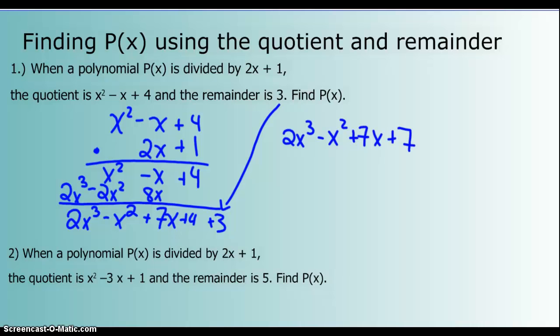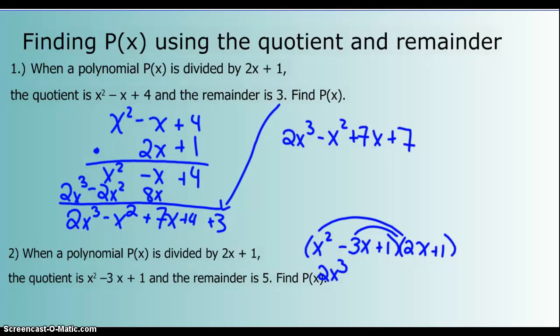Okay, the other way you can look at it, if you want, is just more of an extended FOIL method here. Really, it's just double and triple distribute. So start with the x squared times the 2x will give you 2x cubed. And then do negative 3x times 2x will be negative 6x squared. And then 1 times 2x will be 2x.